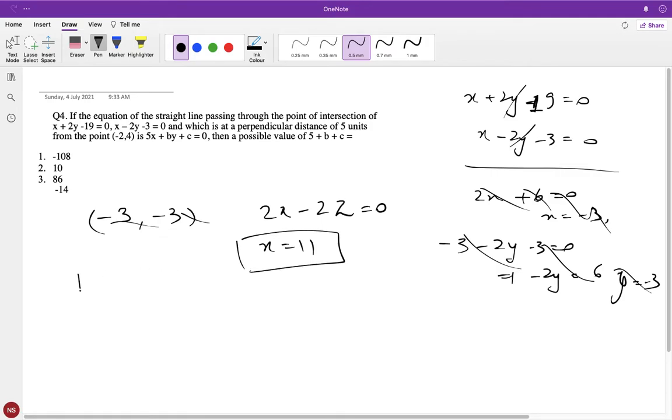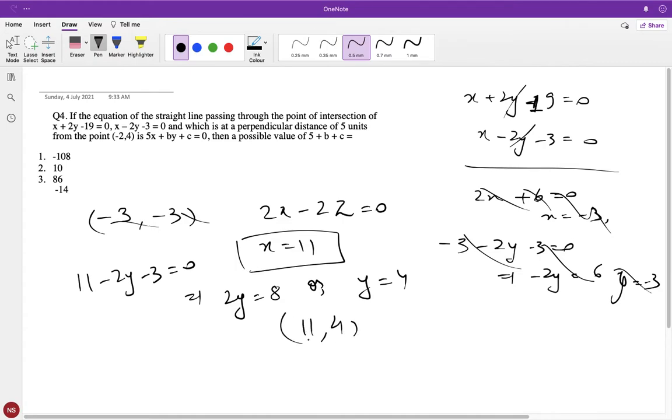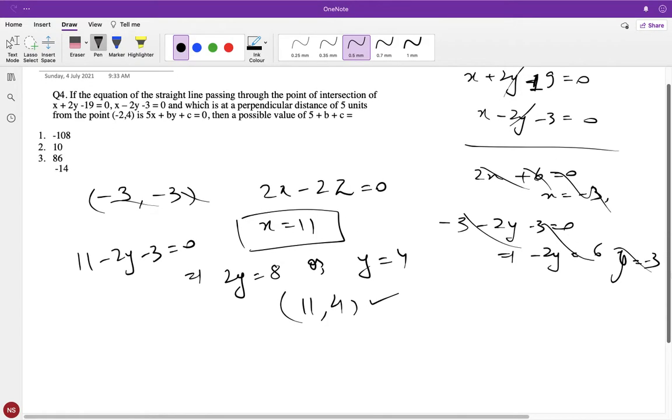If x equals to 11, so 11 minus 2y minus 3 is equals to 0, and 2y is equals to 8, or y is equals to 4. So point of intersection is 11, 4. I hope that is correct. 11 plus 8 is 19, minus 19 is 0, correct. So 11 minus 8 is 3, minus 3. So correct. So 11 comma 4 is the point of intersection.